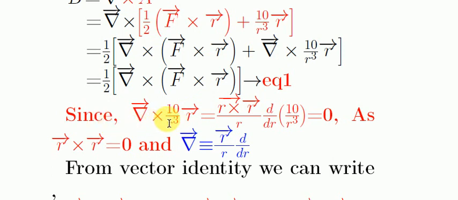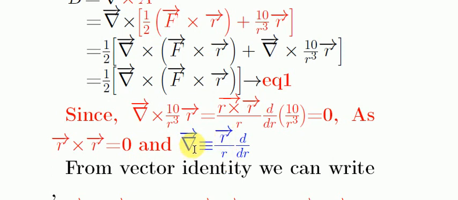Since del cross 10 by r cubed r equals, we can write this. And how can we write this? We know from vector calculus that the del operator is equivalent to r vector by r times d/dr, where r is the mod value of the r vector, that is the magnitude of the r vector.